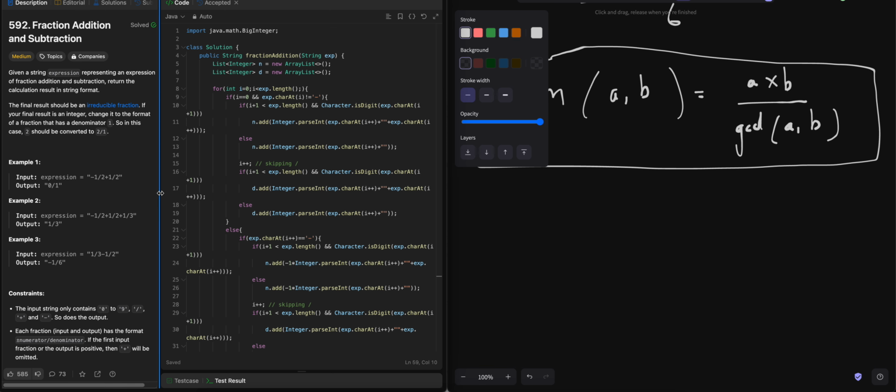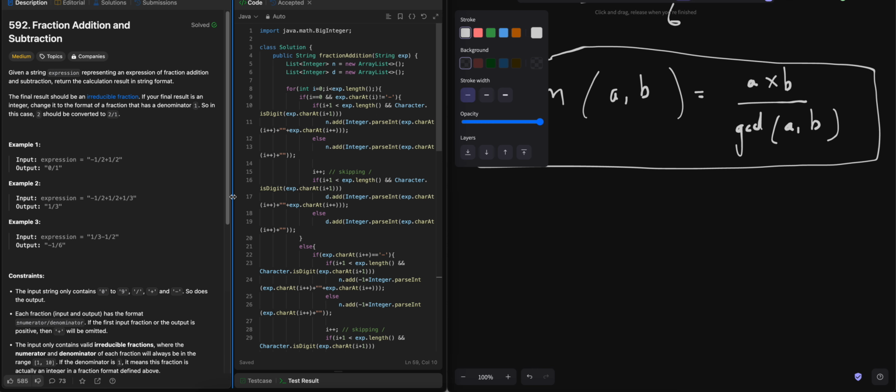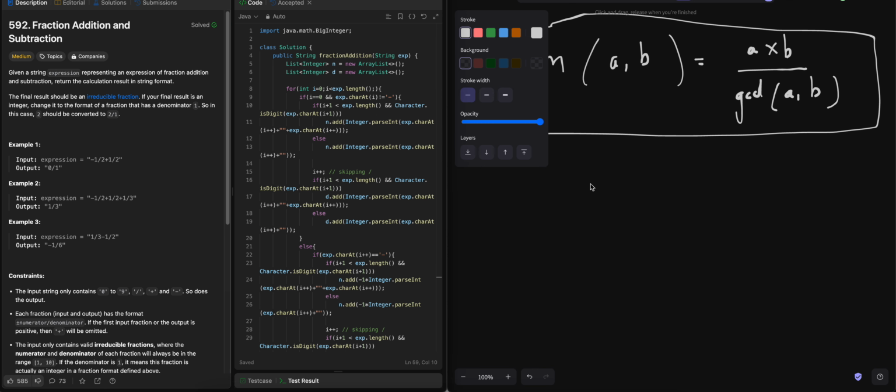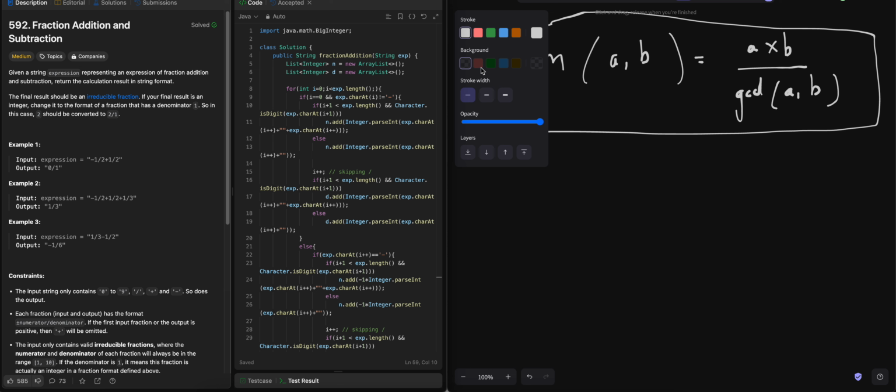So to do that, I will discuss how I did it and we'll see how we can actually do it. So let's take an example. If the input given is 1 by 3, let's take the second input, minus 1 by 2.